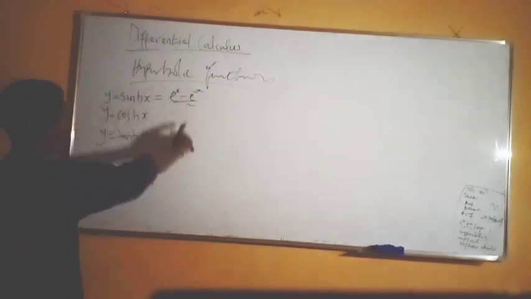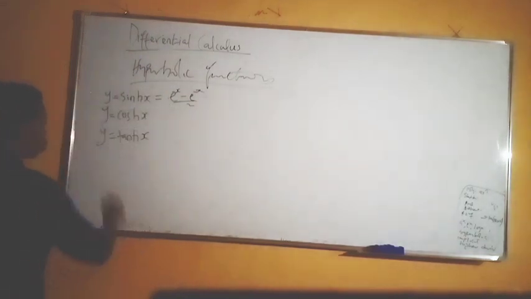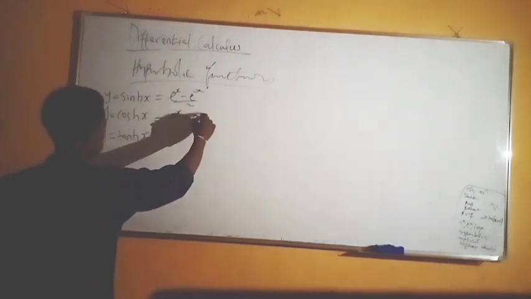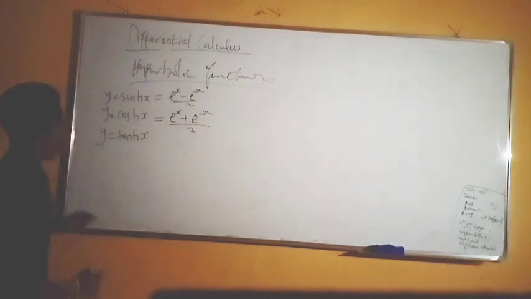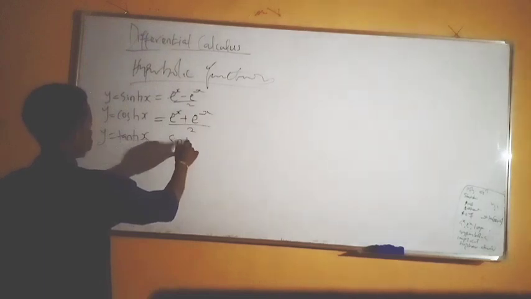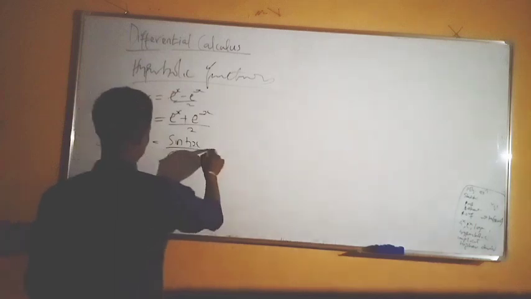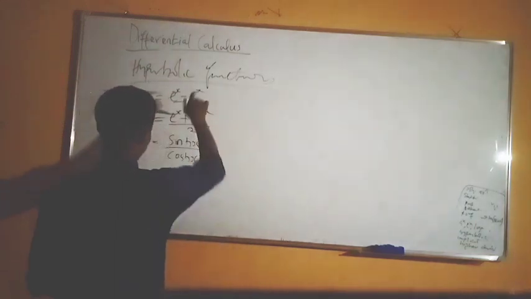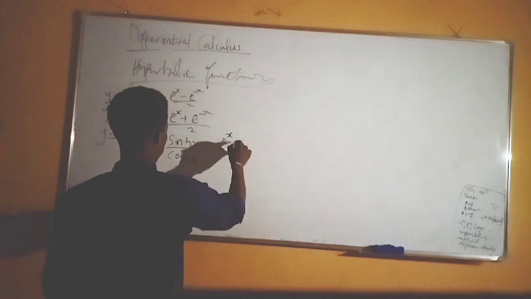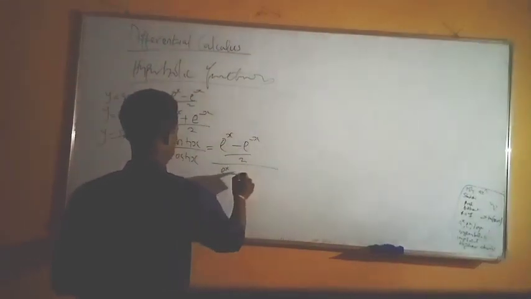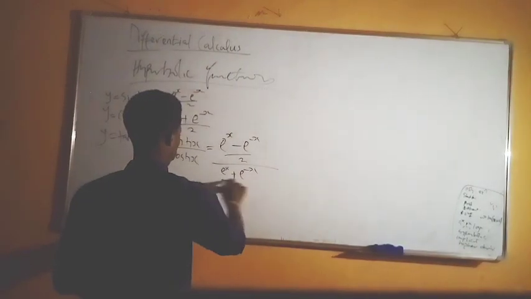in exponential form. So cosh x is e to the power of x plus e to the power of minus x over 2. Of course, we know that the tangent function is always sine over cos, which gives us e raised to x minus e raised to minus x over 2, all over e raised to x plus e raised to minus x over 2.